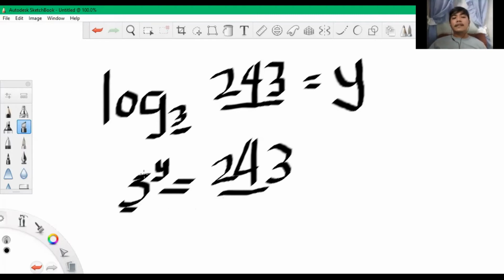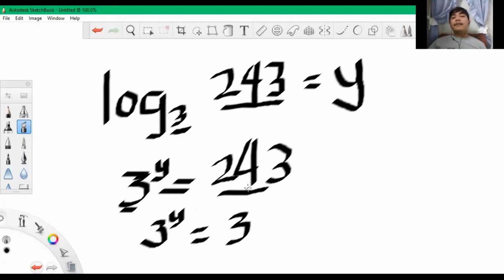So in this case, we have 3 raised to y. So pwede na natin siyang isulat, 3 raised to y. And sabi natin, both sides should have the same base. So kung 3 yung base dito sa kabila, on the right side, it should be 3 as well.